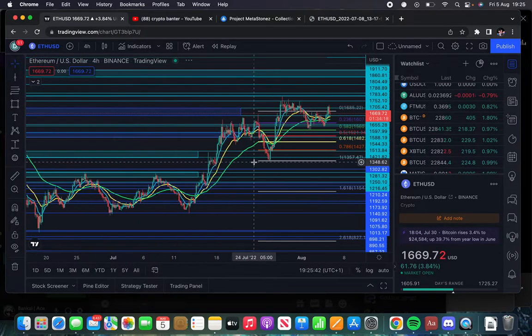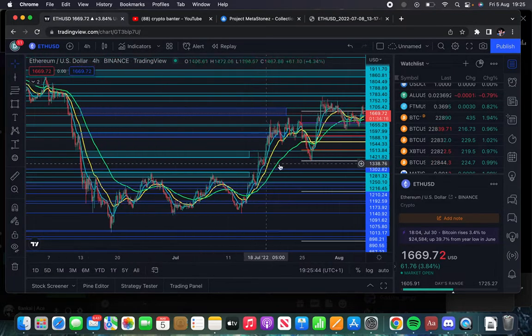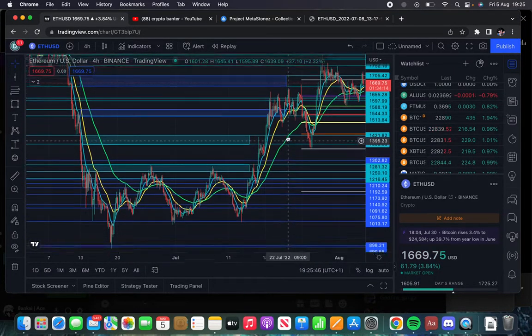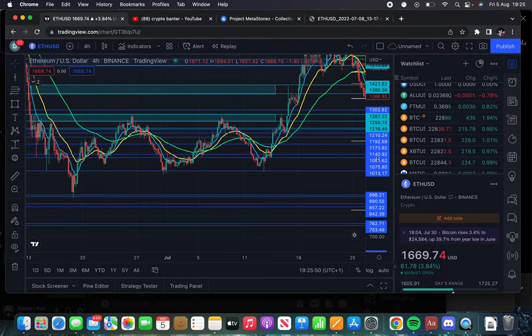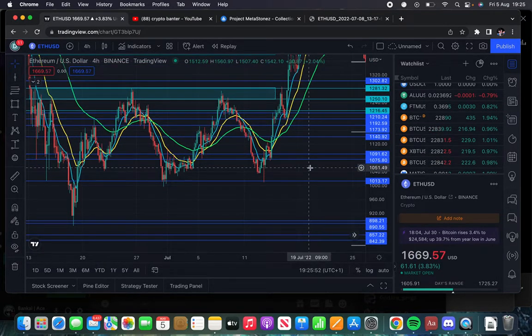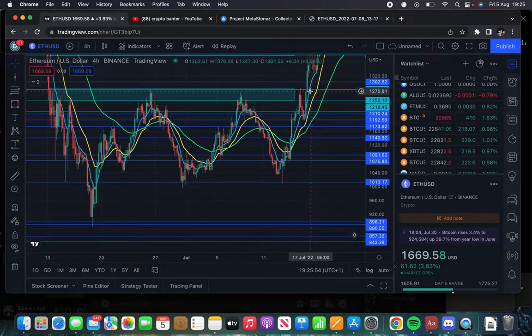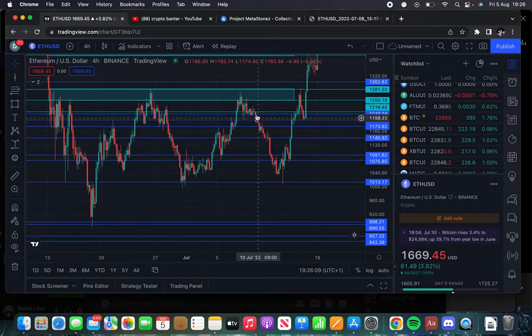Okay. So I'd say one of the most important things when you're coming up with these analyses and trading setups is to backtest, right? And what I mean by that is you find previous instances where kind of the same things line up in a way. Right? So let me just get rid of this indicator real quick. So what I mean by that, I can show you, right?